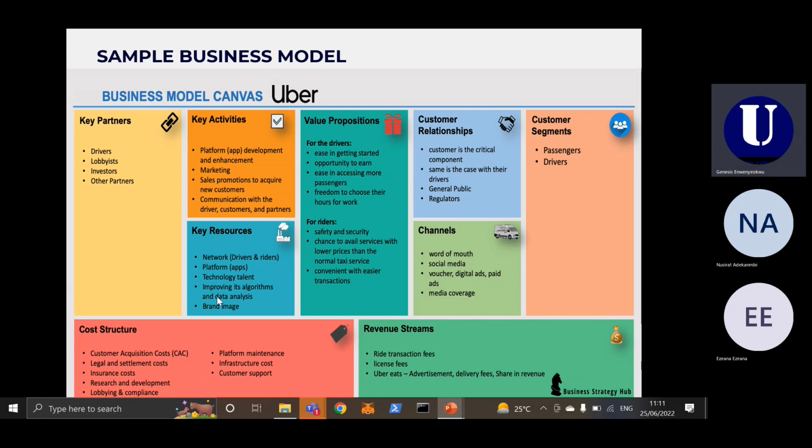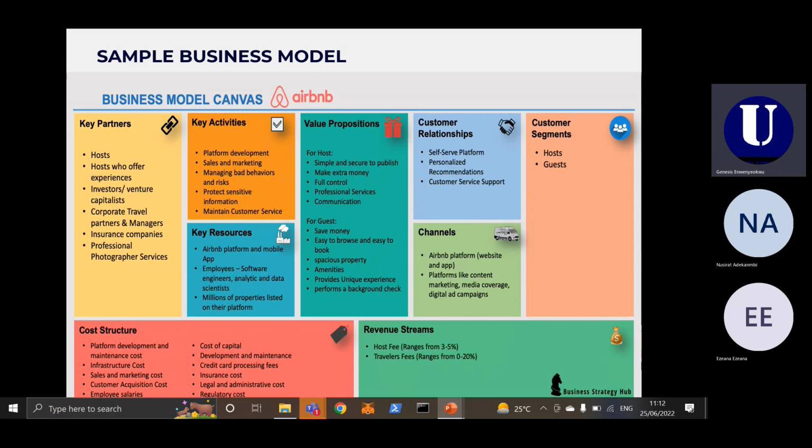Cost structure, we have customer acquisition cost, legal and settlement costs, insurance costs, research and development costs, lobbying and compliance, platform maintenance, infrastructure costs, customer support. Because they are in a very risky business, they have to ensure that they cater for insurance of vehicles.